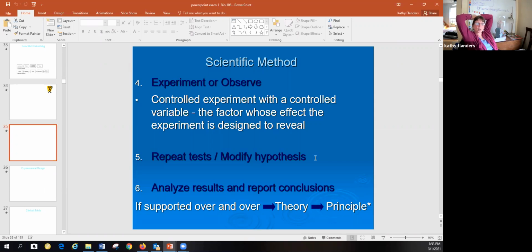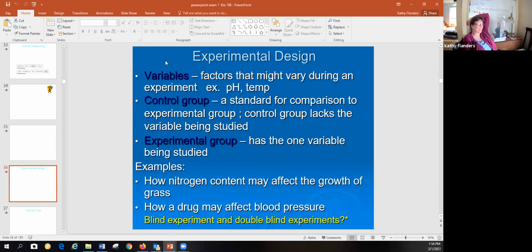You say, oh, well, if that's the case, then what does that mean? And you look again and you modify your hypothesis and you repeat your tests, and you work toward constantly answering the next question. But we analyzed our results and we're reporting to me your conclusions.